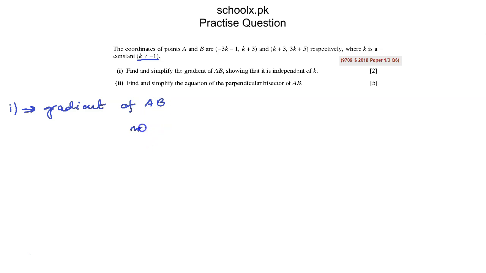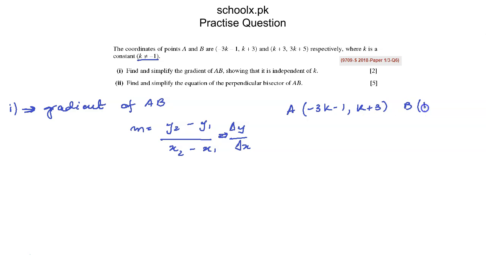So the formula for the gradient is y2 minus y1 over x2 minus x1, delta y over delta x, or rise over run. A is (-3k - 1, k + 3) and B is (k + 3, 3k + 5).